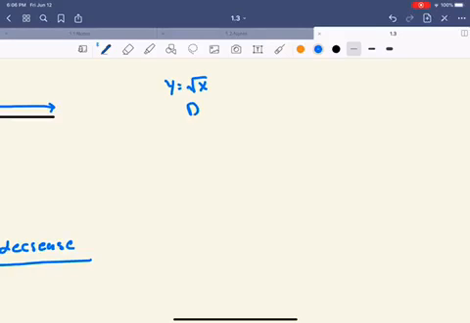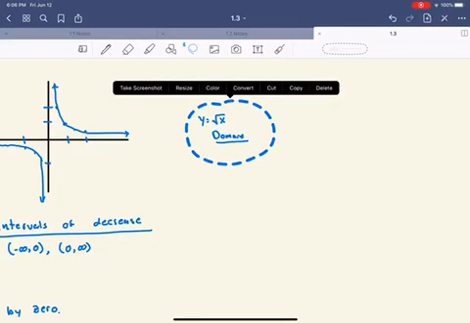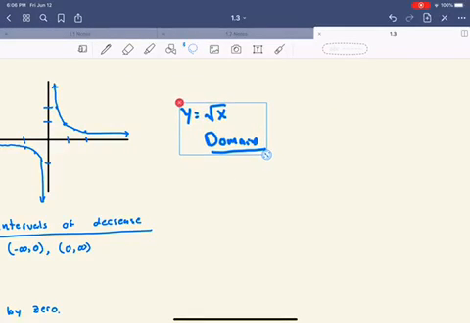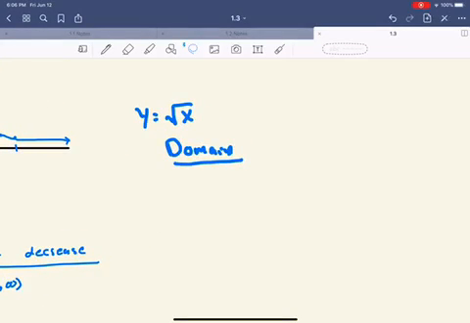So our domain, let me make that a little bigger, is going to be given by x is greater than or equal to 0, which we write 0 to infinity with a bracket.